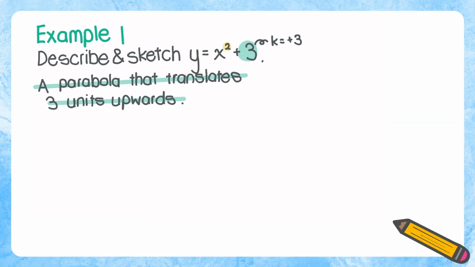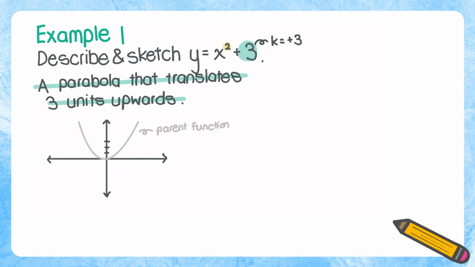So I'm going to start off by drawing out the axes. So kind of setting it up like this. And then I'm going to add in my parent function. So again, this is my parent function, basically the most basic quadratic function you can have. Notice here how the parent function has its vertex at the origin. And we're shifting this 3 units upwards.